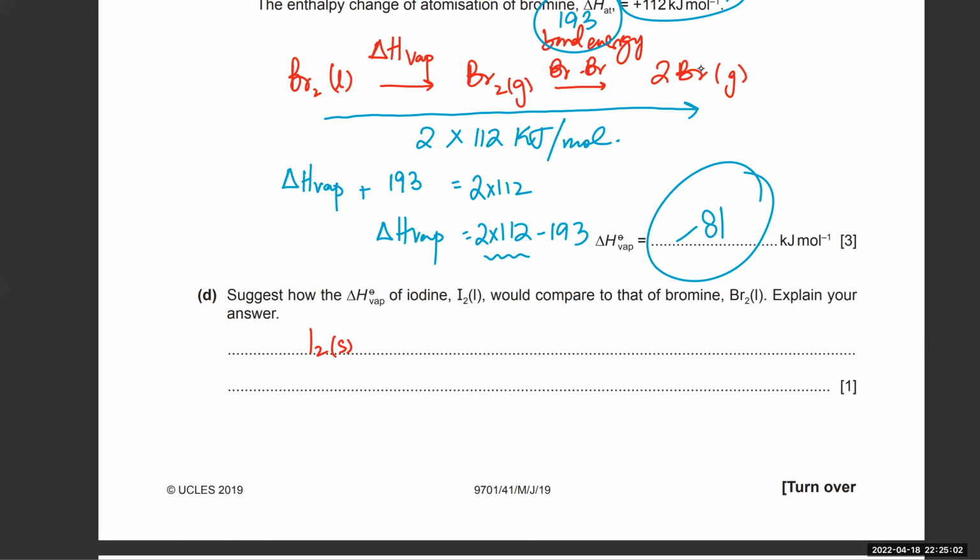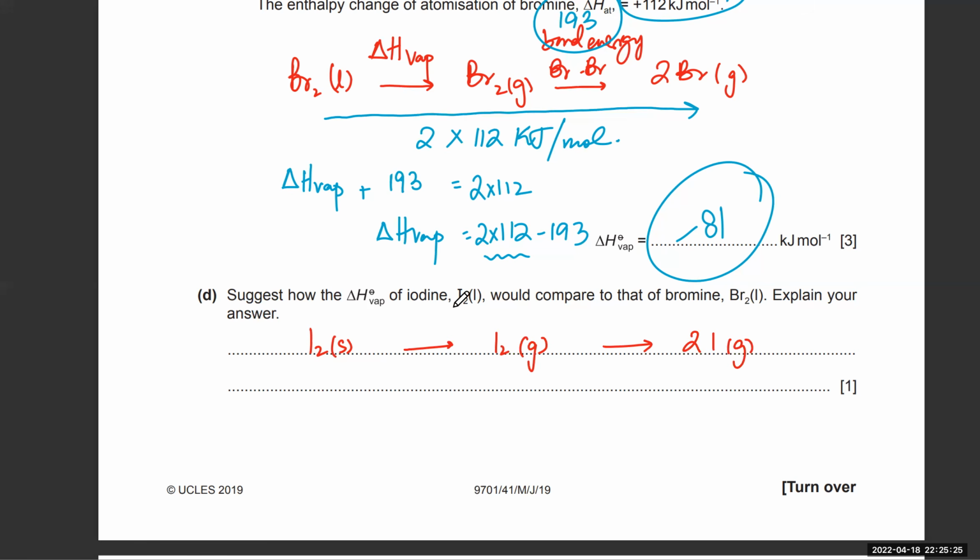So if I draw the same cycle, the starting point would be the element in its standard state, a solid, not a liquid like bromine. You're going to vaporize it first, so it will form iodine gas, and then the bonds would be broken, and 2 iodine gaseous atoms would be formed. So the same cycle, except that the starting point would be iodine solid.